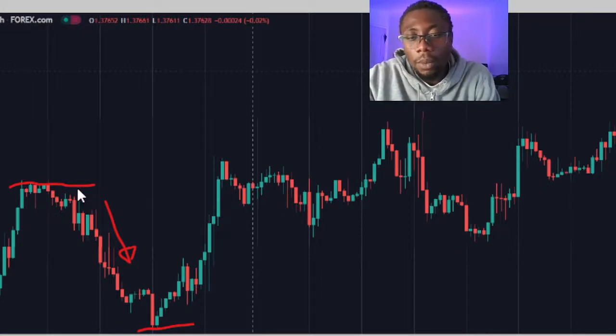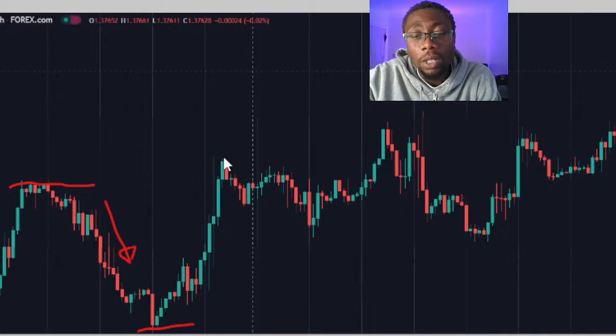So now we would be looking for a reaction to the upside. If we continue to get a pullback to this level and it holds this level, we would have looked for an entry at that point. But I'm going to talk about exactly how that looks when we trade reversal moves. For this one in particular, we would have made no decisions at this point.